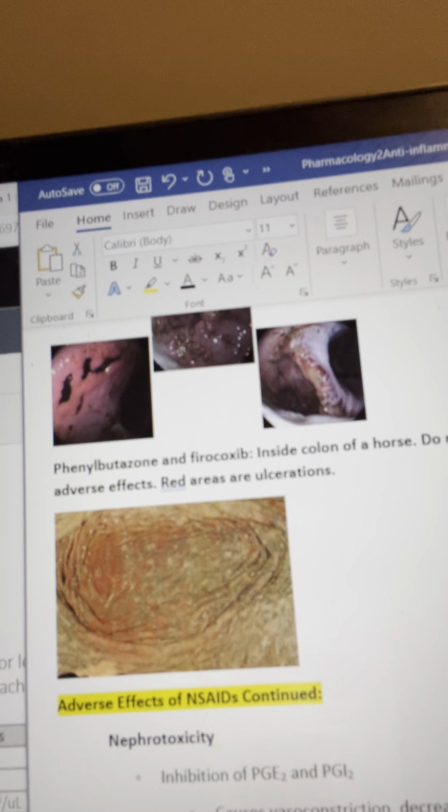Some more adverse effects. We have nephrotoxicity, which is the inhibition of PGE2 and PGI2. It causes vasoconstriction, decreased renal blood flow, and possible toxicity. Effects are greatly exacerbated in dehydrated patients, so it's already compromised renal blood flow.